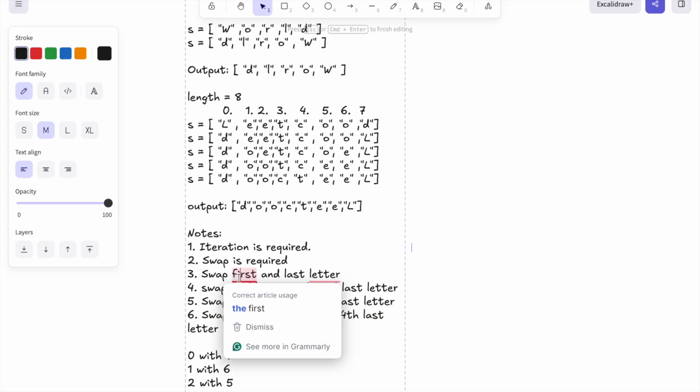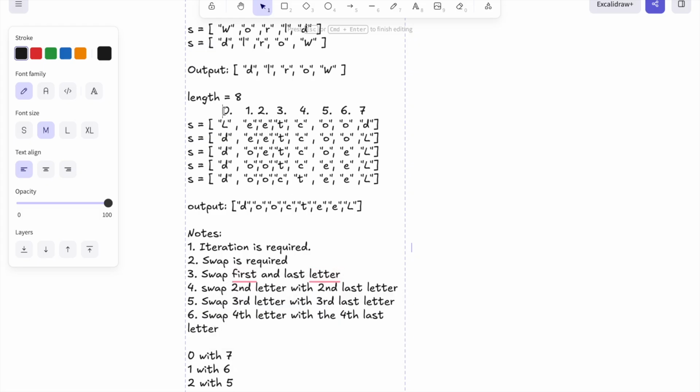We swapped first letter with last letter, so index for first would be 0 and last would be 7. We did 0 with 7. Then we did second letter with second last. Second letter would be first indexed and second last letter would be sixth indexed, right? Then we did third with third last. Third letter is second indexed, and we did it with fifth. So third is second indexed and third last is fifth indexed. Now we also did the last one, that is fourth letter with fourth last letter.